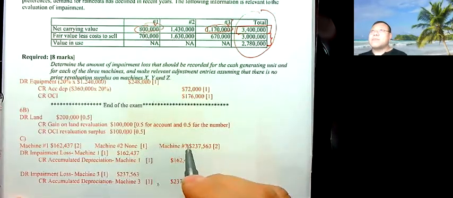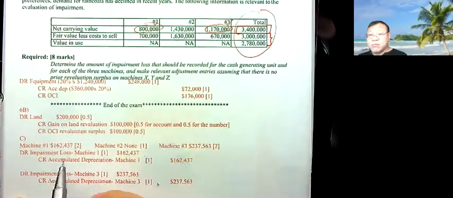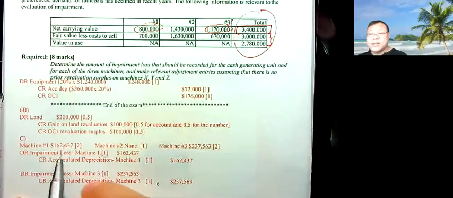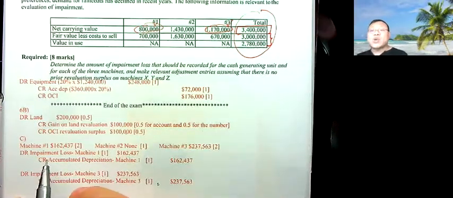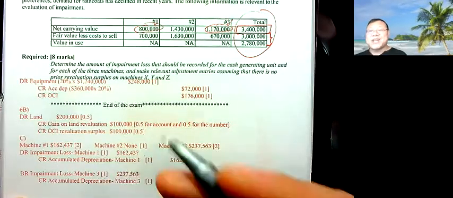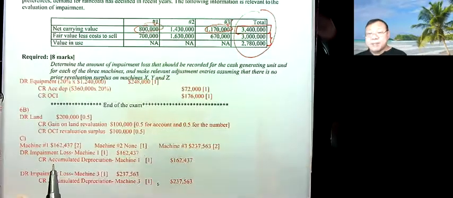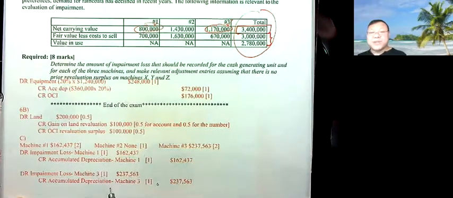In chapter 10 questions, some students were using the wrong accounts. I provided the feedback. Make sure this is not a revaluation, right? This is an impairment testing, right? Some students are using these accounts for the revaluation. This is the impairment test. So you debit impairment loss, credit the cumulative depreciation.